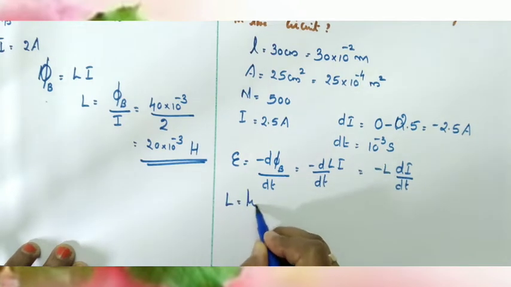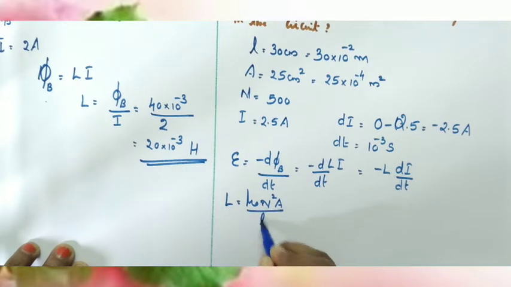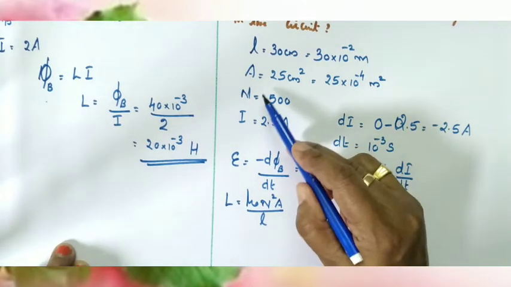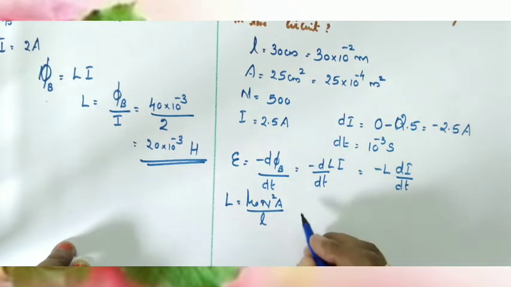L equals mu 0 n square A divided by l. Since capital N is given, we can use the formula L equal to mu 0 N square A divided by l.